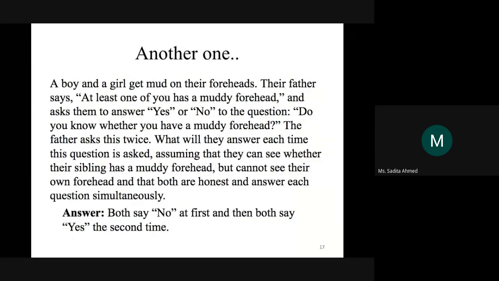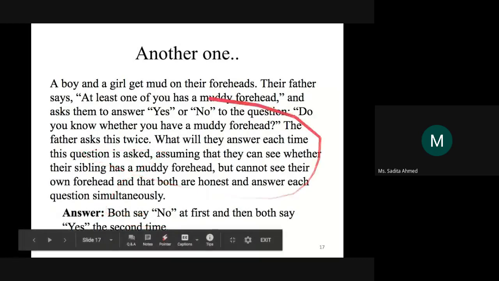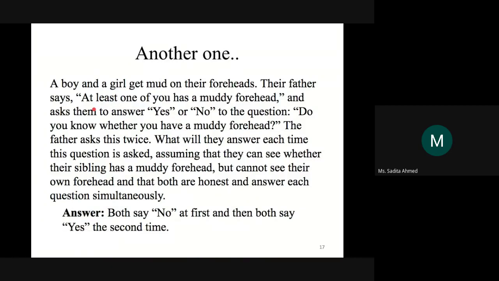So the first time the question is asked, forget about everything so far, so that you're not confused anymore. Just think about the things that the boy and the girl know in this scenario. We know that both of them have mud on their foreheads, but we cannot take that into account, because the boy and the girl do not know for sure that both of them have muddy forehead.